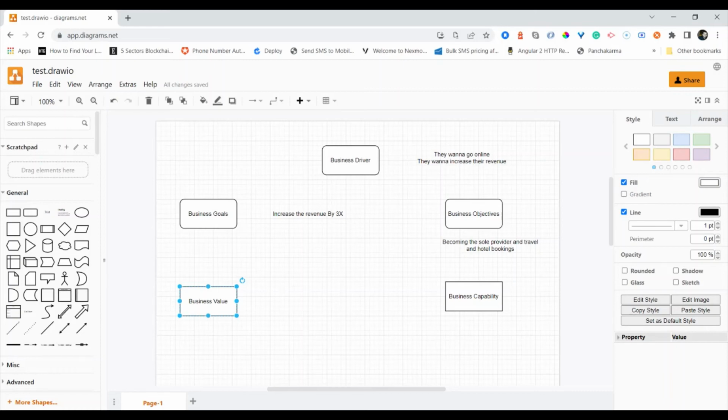Now, let's say in this case, the traveling client who actually wants to take their business from offline to online is creating a value for their customers by making it online. So the value they're producing by using this solution is by going online and reaching more customers. That is the value. Then it's capability. What is the capability of their business?